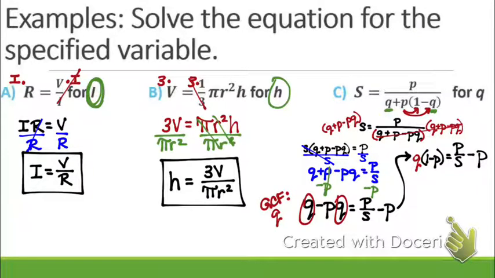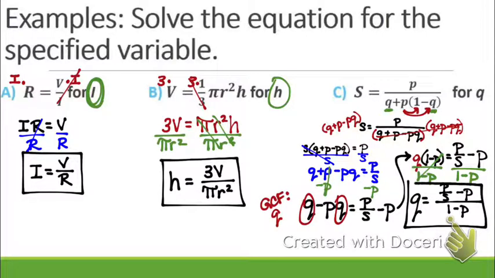And then you would divide. It is ugly. Divide by 1 minus P. And so I get Q is equal to this horrendous looking fraction: P over S minus P, over 1 minus P. You don't want us to simplify that?